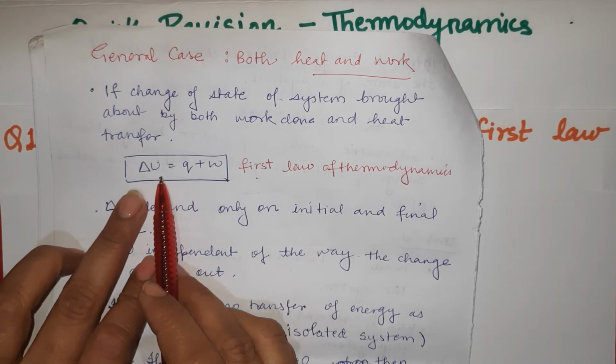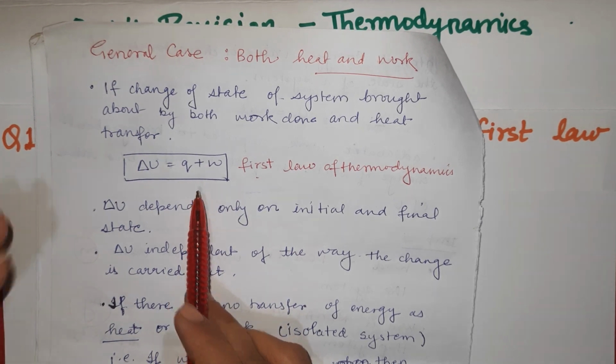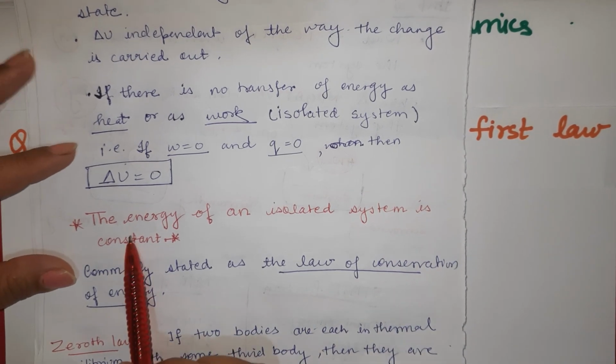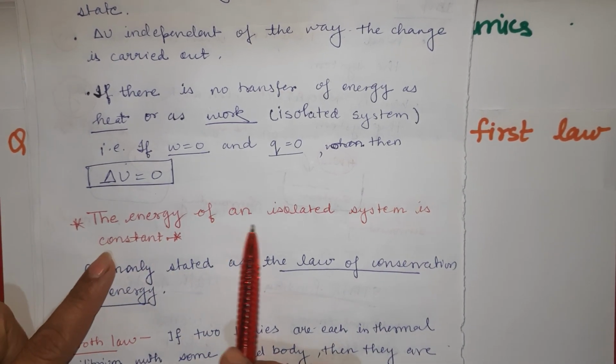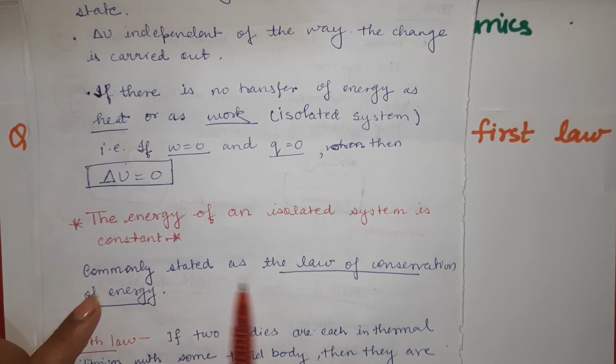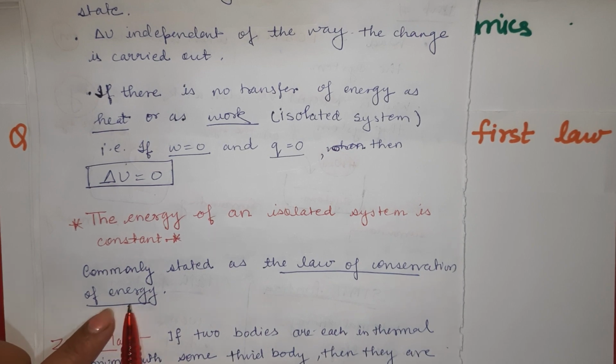So the relation is delta U equals Q plus W. This is the first law of thermodynamics relation. And what is the statement? The statement is that the energy of an isolated system is constant, or you can also state it as the law of conservation of energy.